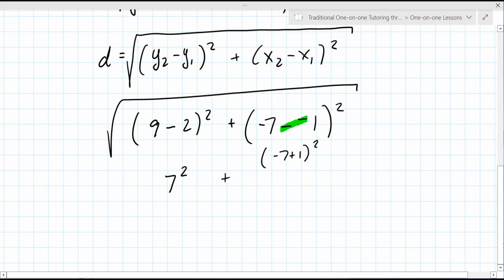Okay, so what is -7 plus 1? First, let me write that down. Okay.